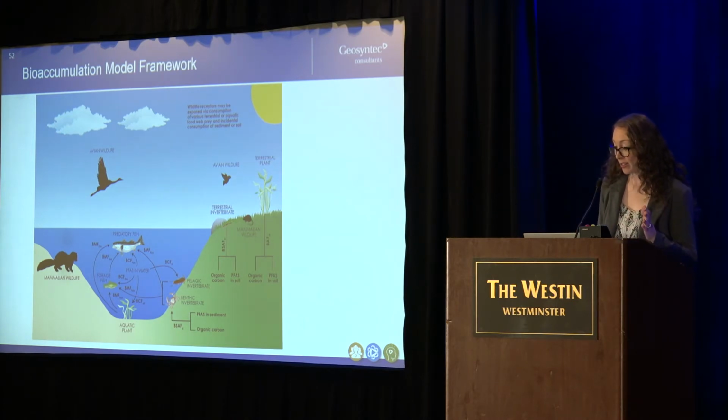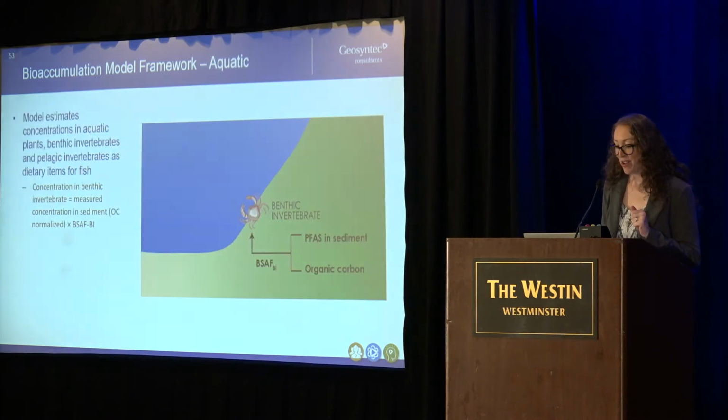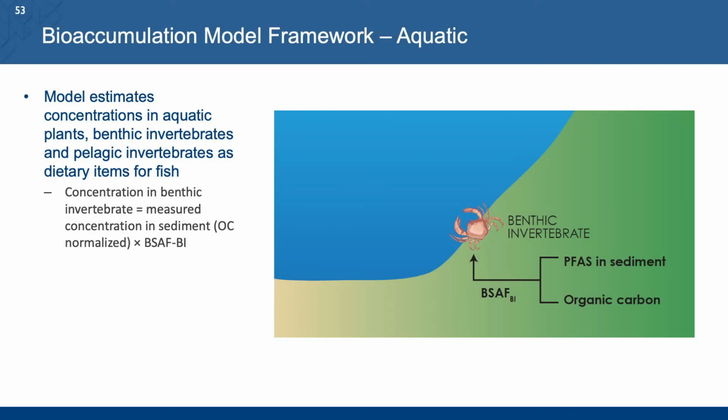So now that we're all talking the same language, what the model does is it takes what we felt were the best available BCFs, BSAFs, and BMFs and applies them in a stepwise way to get to a proposed estimated diet item for those organisms. So first step, taking a look at benthic invertebrates. You've got your concentration of PFAS in sediment.